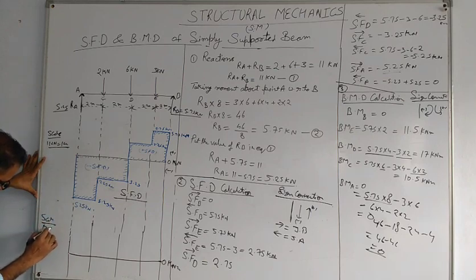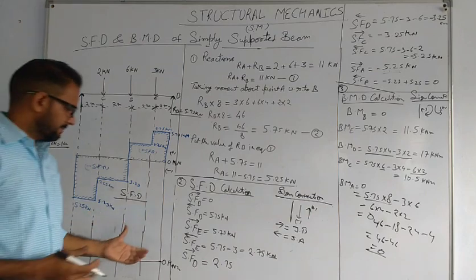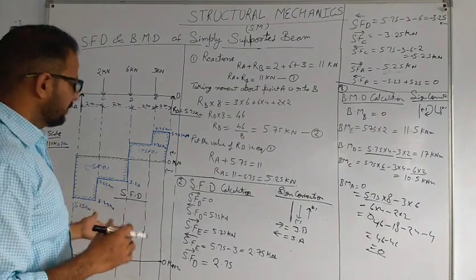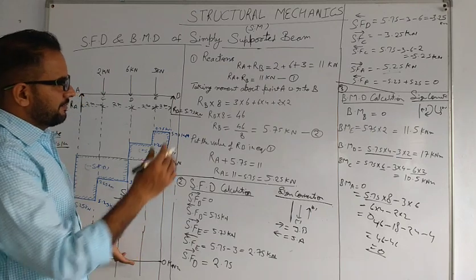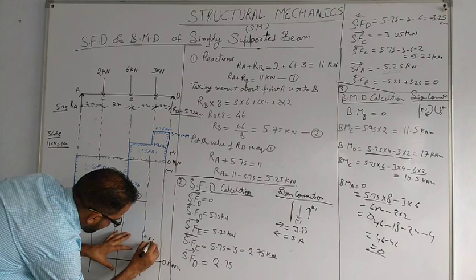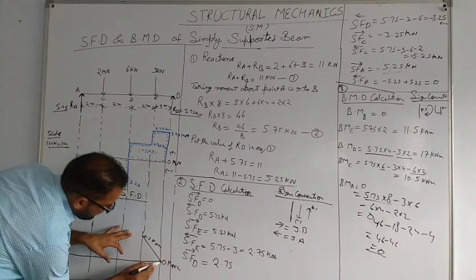To make this proportional, again we have to take the scale here: 1 centimeter equals 1 kilonewton meter. Or you can take 2 kilonewton meter proportionally, so you can make it accurately in your book, copy or answer book. So bending moment at point E was 11.5 kilonewton meter.